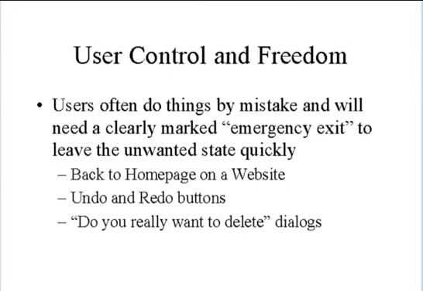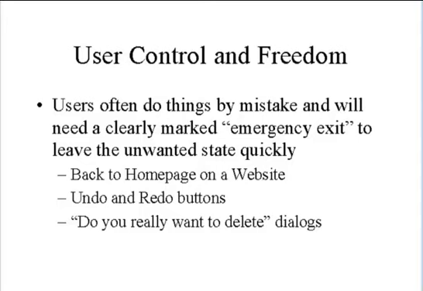So the third heuristic is user control and freedom. Users will often do things by mistake and will need clearly marked emergency exits to leave the unwanted state quickly. Good examples would be, you've navigated down a very long website and you want to be able to get back to one of the pages you traversed on the way.